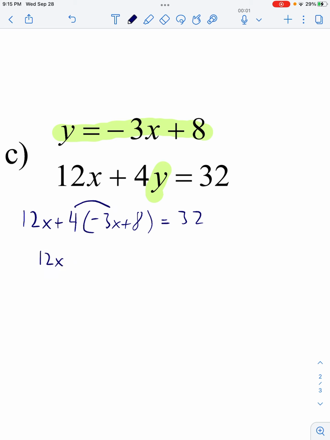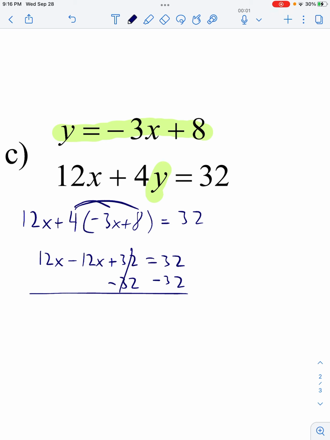12x minus 12x plus 32 equals 32. Okay. Let's subtract 32 from both sides. All right, so we're going to have 12x minus 12x equals 0.